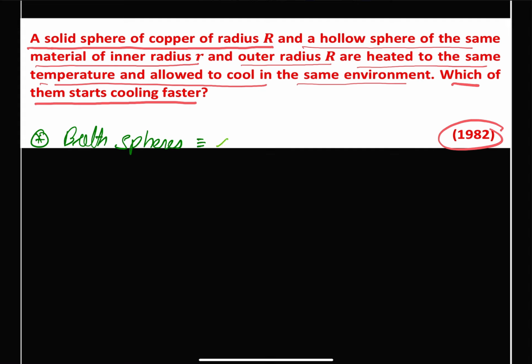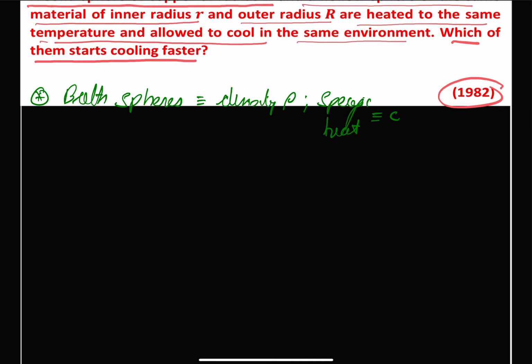It means their density will be the same, their specific heat will also be the same, and their emissivity will also be the same. So these are the three key properties that will be the same for both the spheres.